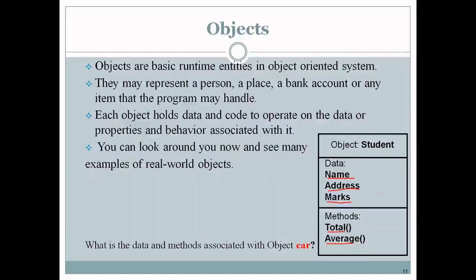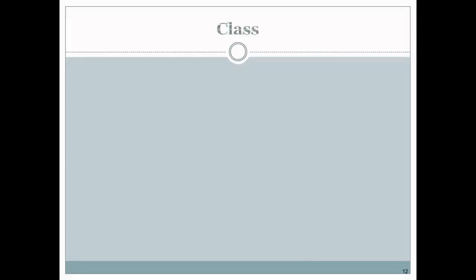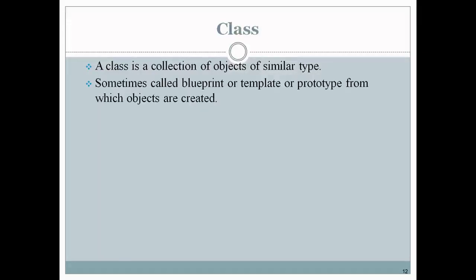Next, class. A class is a collection of objects of similar type, sometimes called as blueprint or template or prototype, from which objects are created.